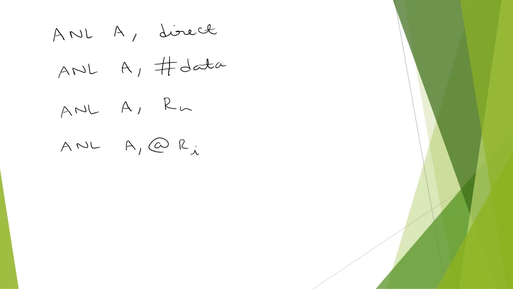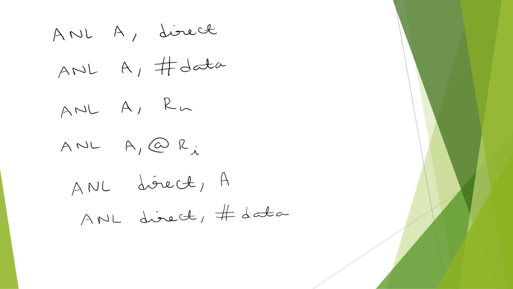So we have register addressing mode, direct addressing mode, register indirect addressing mode, and immediate addressing mode. And when the destination operand is direct address, we have ANL direct, A, ANL direct, hash data. That is the source operand will be either accumulator or immediate data.